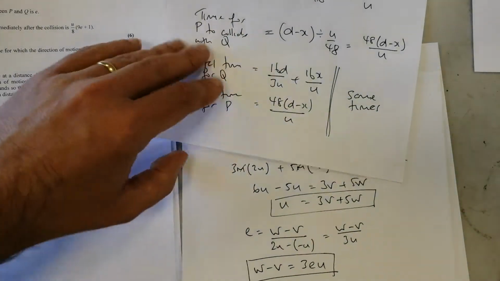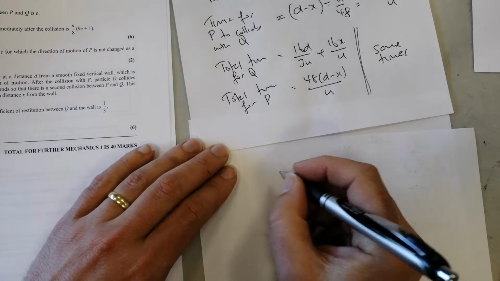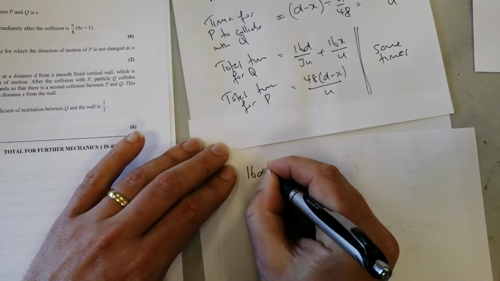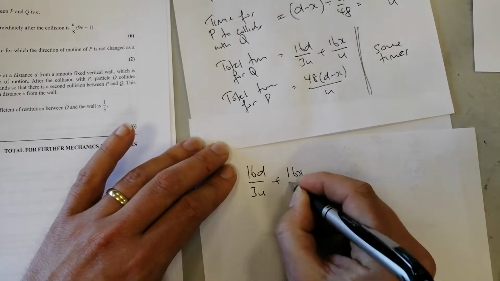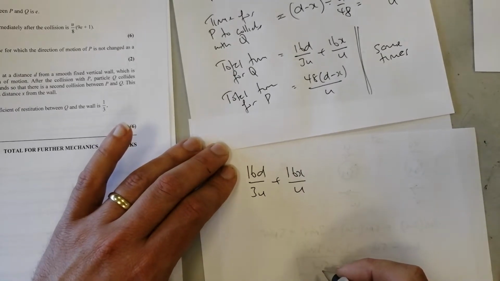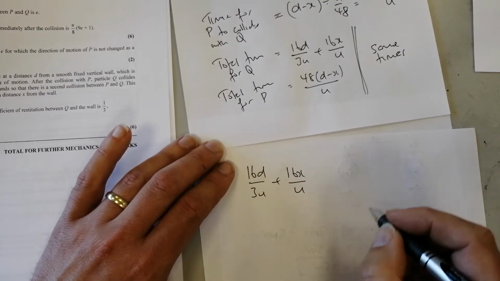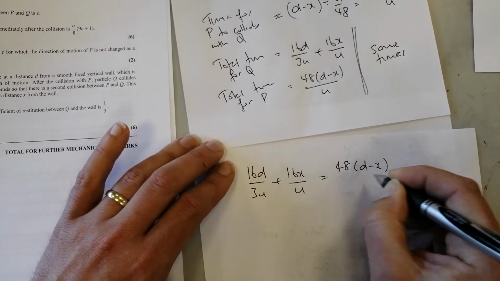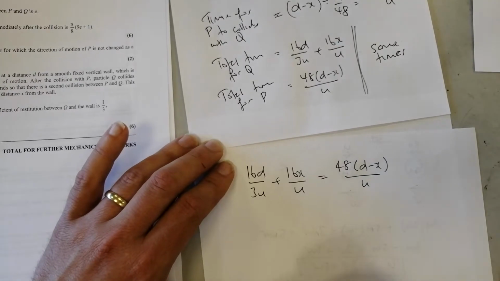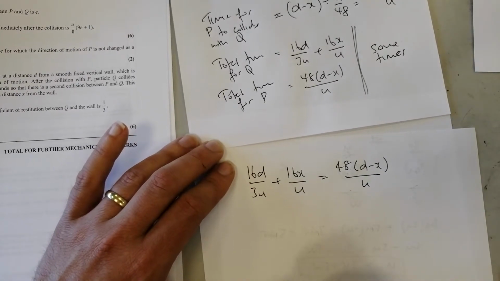Therefore, we can say that 16d over 3u plus 16x over u, the time it took Q to get to the collision, is equal to 48(d minus x) over u, the time it took P to get to the collision.